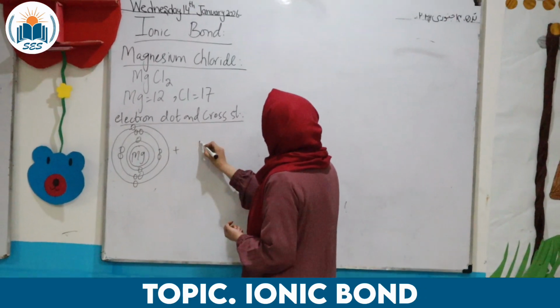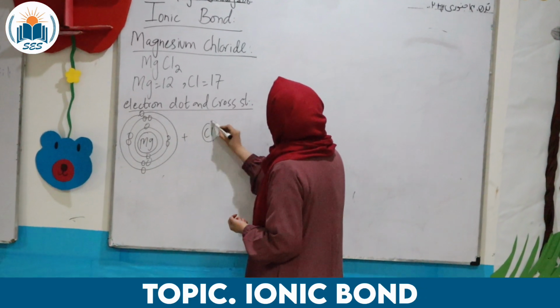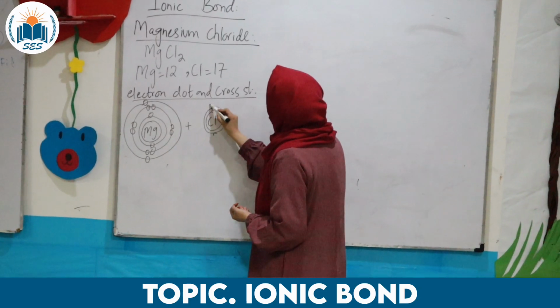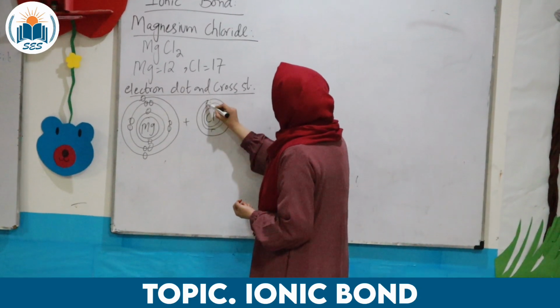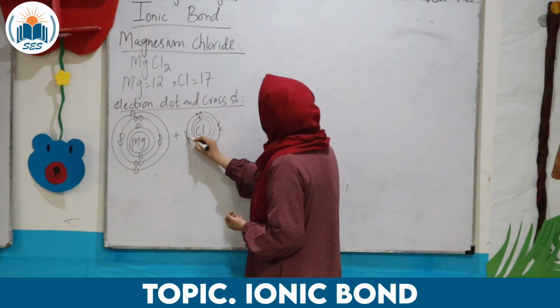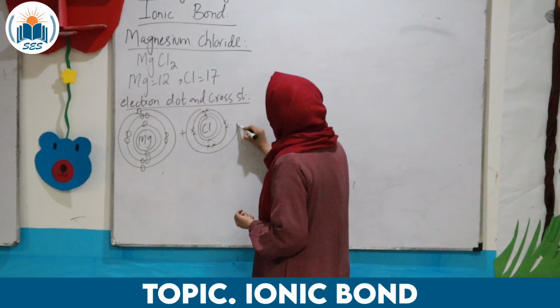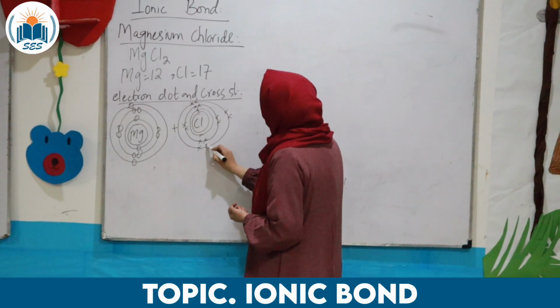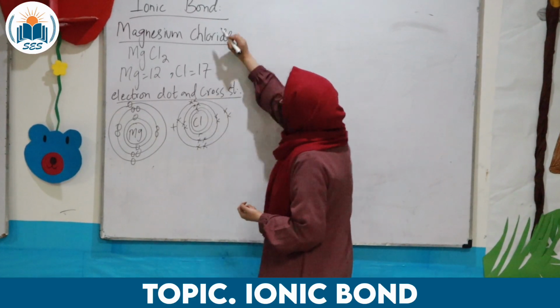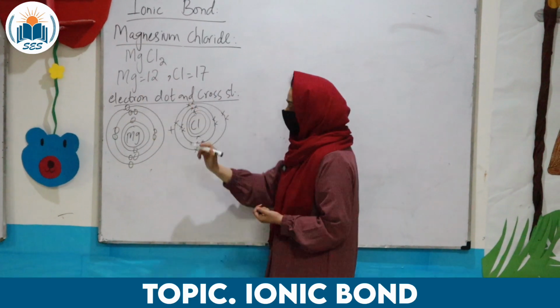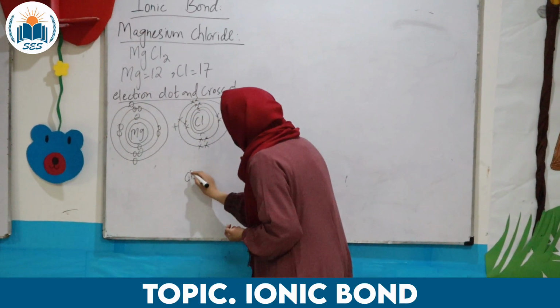Now move to chlorine, that is a non-metal. It has 17 electrons. In the first shell, 2 electrons will go. In the second shell, 8 electrons will go. In the third shell, that is the valence shell of chlorine, 7 electrons will go. As the formula suggests, there are 2 chlorine atoms, so I will draw 2 chlorine atoms.